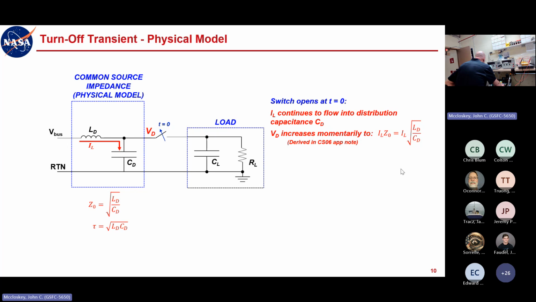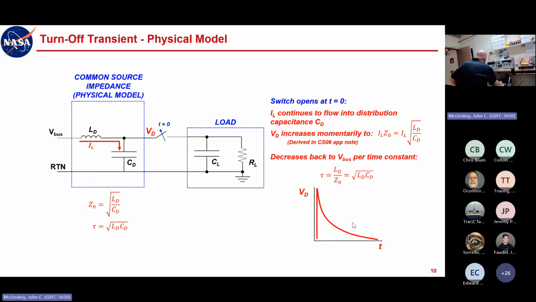If you're one of the handful of other people in the world that like that as much as I do. But anyway, and then it will decrease back to the bus potential per the time constant, the time constant being square root of LC. So that gets you to the same basic transient, but just gives you a little more of an idea of how this happens physically, as opposed to with that Lisen model with a physical resistor representing Z naught.